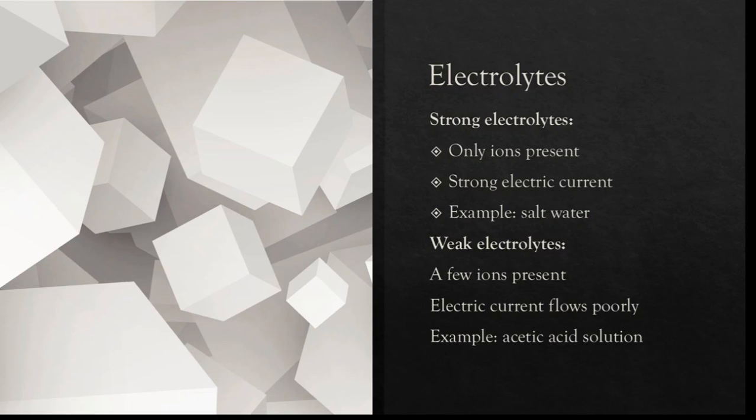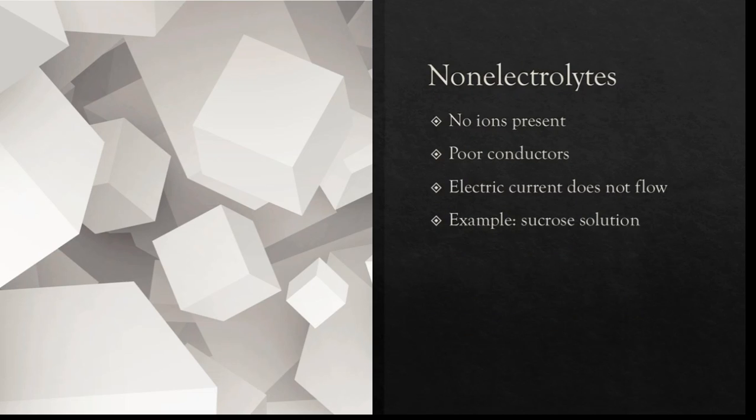An example of that is acetic acid. Then you have a non-electrolyte, where there are no ions, and it's a poor conductor. So you don't have any flow of electricity. A sucrose solution is a good example, and that's sugar water.